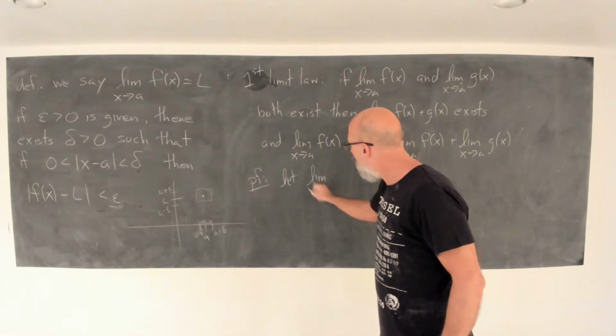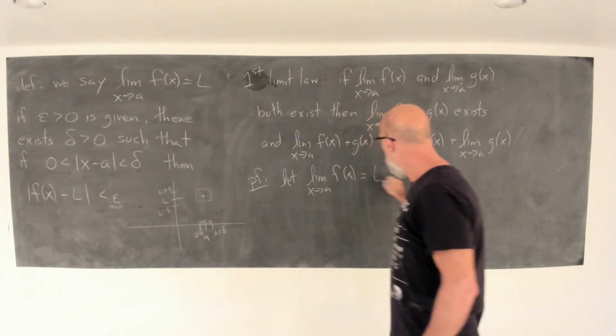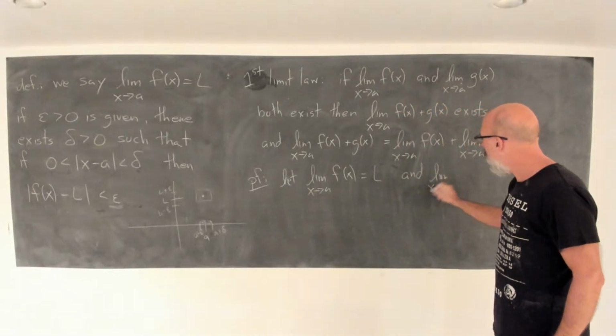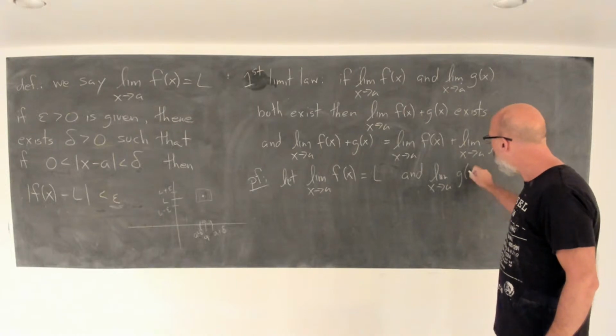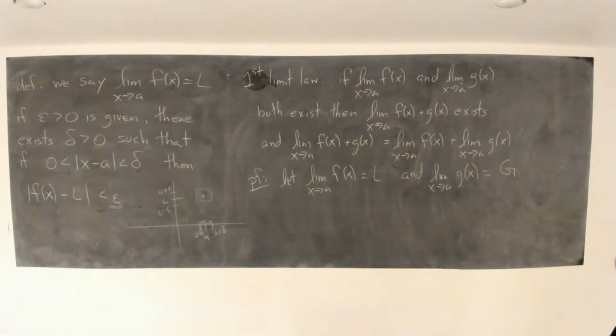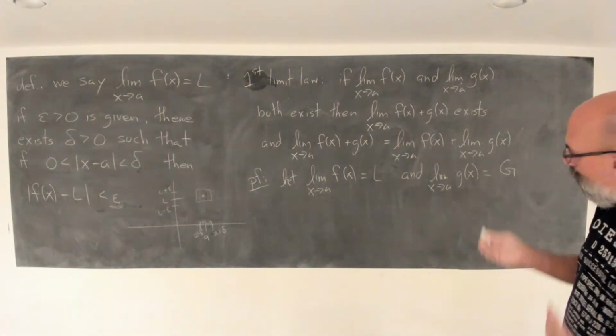Let the limit as x goes to A of f of x be L, and the limit as x goes to A of g of x be G. What do we want to prove?